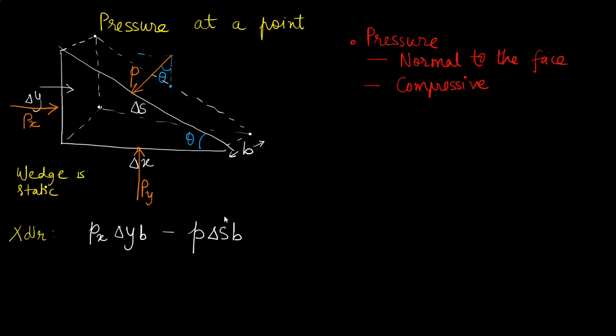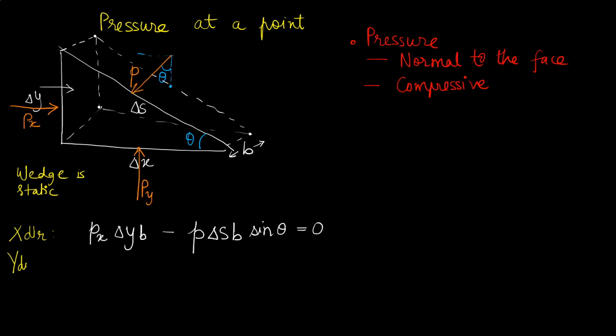But we have to take the component of this particular force in the x direction, and that particular component will be the sine component, because theta is this angle. So this will be 0 in order to maintain a static equilibrium.